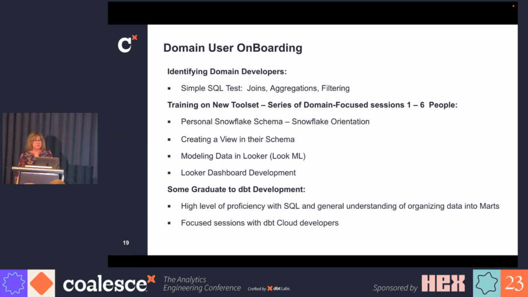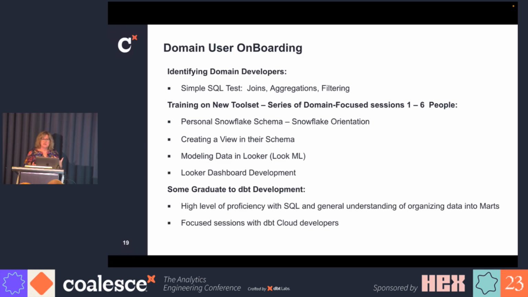As I said, they get the personal Snowflake schema. They get comfortable profiling data on Snowflake and creating their own views in their schema. They might start modeling Looker data using LookML, and then Looker dashboard development.